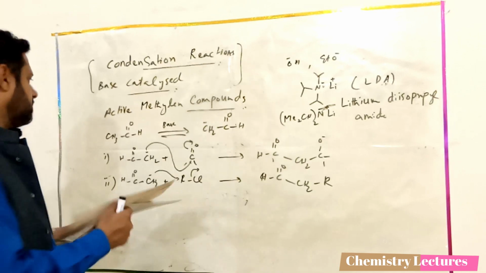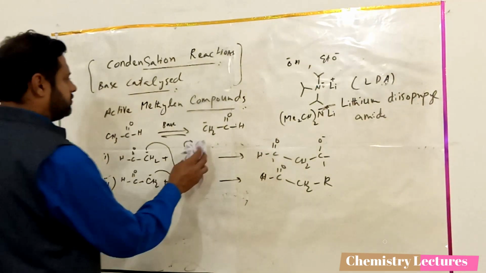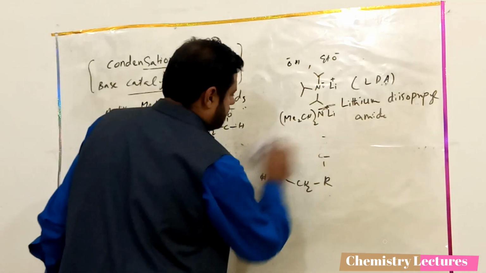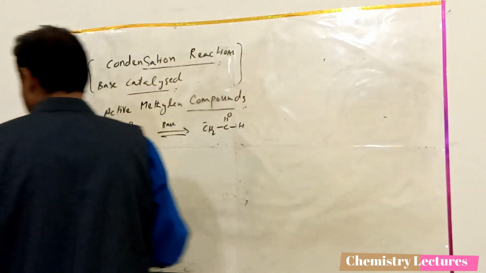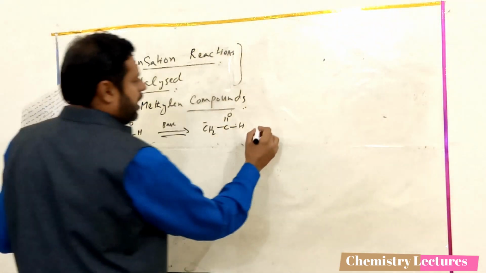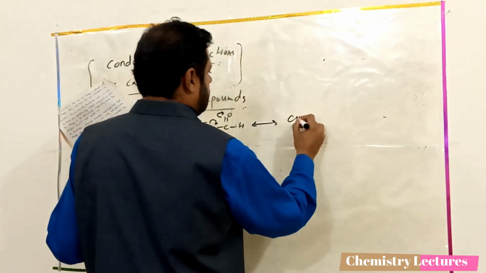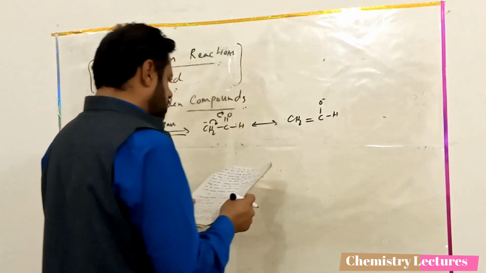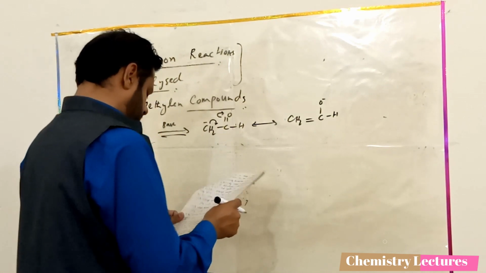What are some other points in active methylene compounds? As we can see, we have a contributing structure in which we have a negative charge on oxygen. So this oxygen can also be used to make a bond like this one.